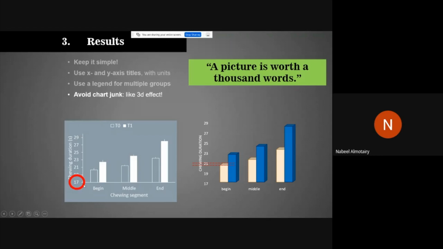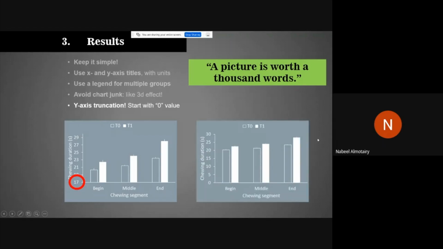But when you change the figure and start from zero, you'll see the difference is almost non-existent. So it's always important that when you have a figure, do not truncate it. But if you want to truncate the figure, try to use such symbols to let the readers understand that there is some truncation in the figure.